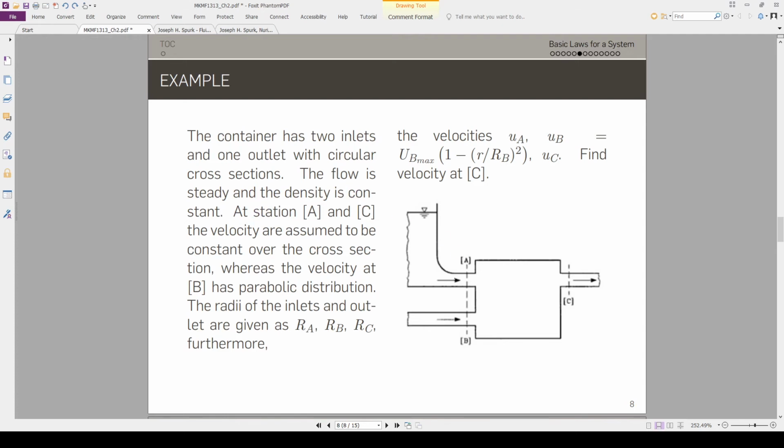At stations A and C, the velocity is assumed to be constant over the cross sections, whereas the velocity at B has a parabolic distribution.